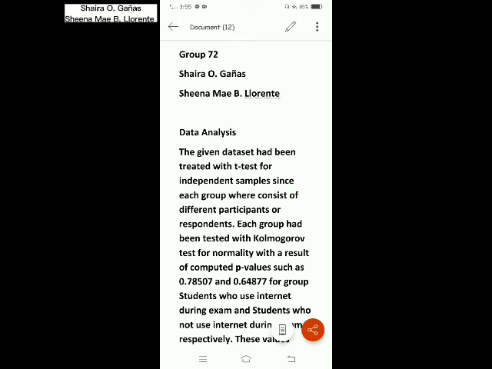The given dataset had been treated with t-tests for independent samples, since each group consisted of different participants or respondents. Each group had been tested with Kolmogorov test for normality, with the result of computed p-values such as 0.78507 and 0.624877 for group students who use internet during exam and students who not use internet during exam respectively.